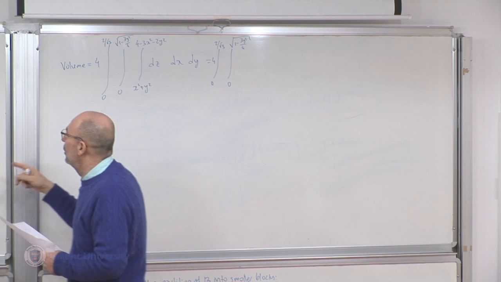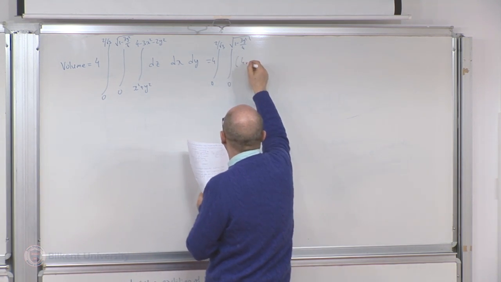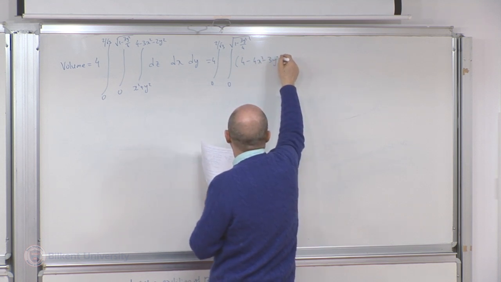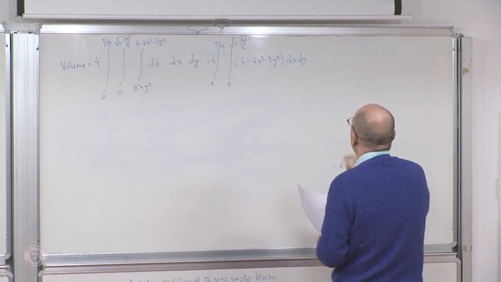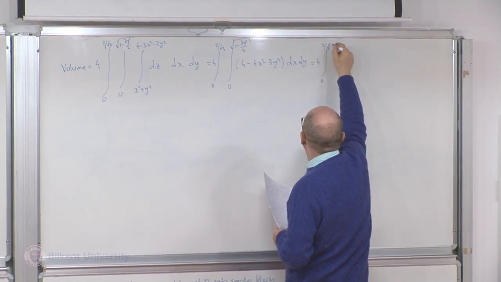We already subtracted them here, so we know the answer. The integrand is 4 minus 4x squared minus 3y squared, dx dy. Now we integrate this, with y from 0 to 2 over square root 3.